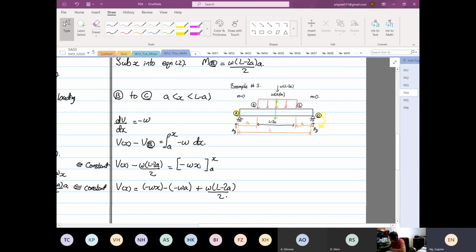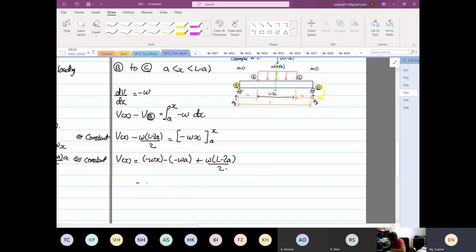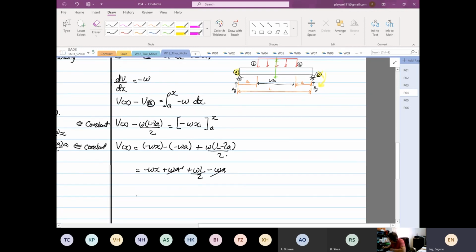Okay, so we simplify things: minus omega x plus omega A plus omega L over 2 minus omega A. So you can get rid of this. So what we have is equal to minus omega x plus omega L divided by 2.